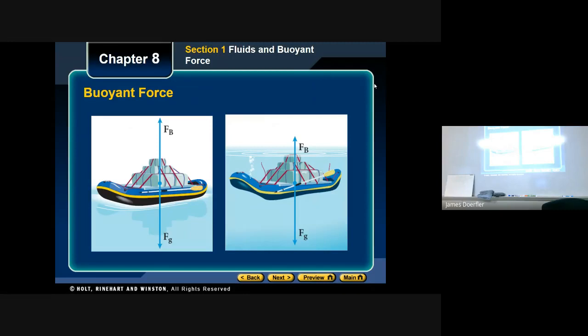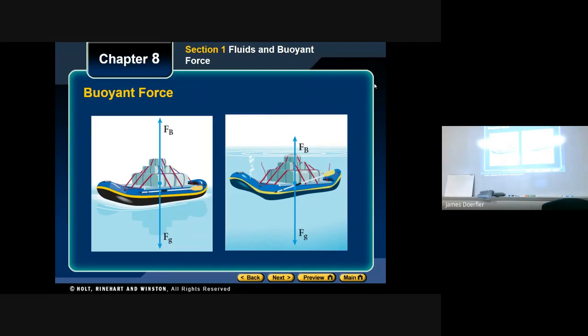Now, what's happening with this ship on this next slide? Very good, Ty. But why, Ty? Because the water. Yes, that is the definition of thinking. But why? What's causing us to sink? Well, it might be difficult for you to see from there, but this raft has been punctured.